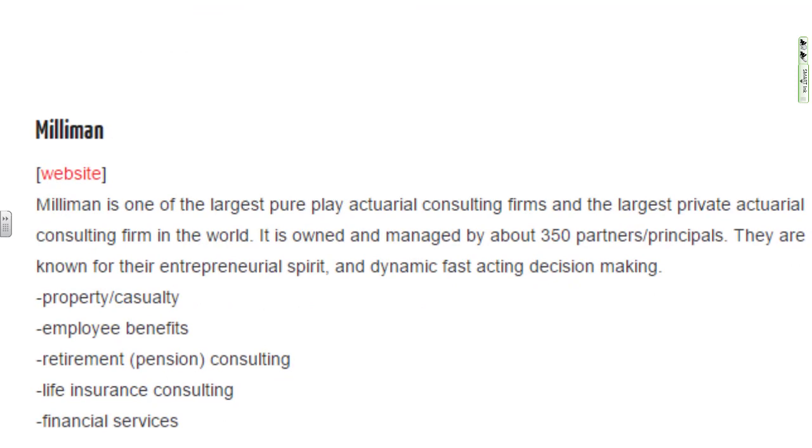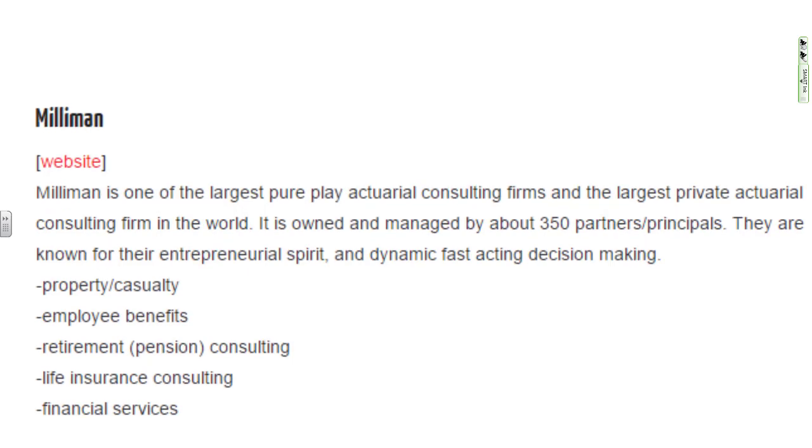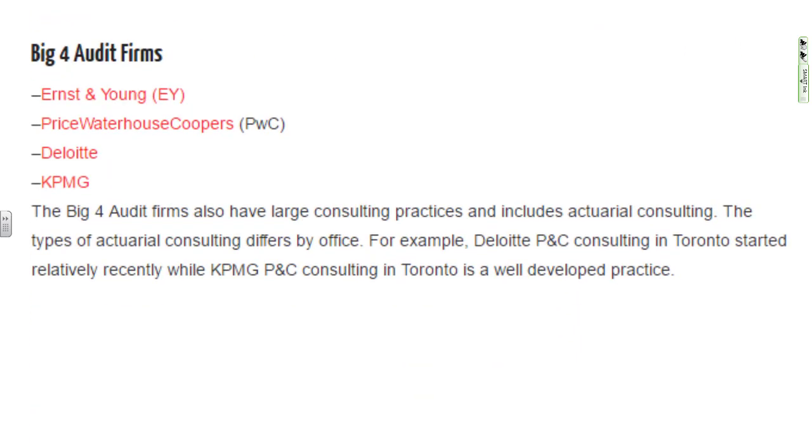Milliman is one of the largest pure-play or independent actuarial consulting firms, and again, as you can see, they provide actuarial consulting services in many different aspects of insurance. The big four audit firms are Ernst & Young, PricewaterhouseCoopers, Deloitte, and KPMG. All four of these have large consulting practices that include actuarial consulting.